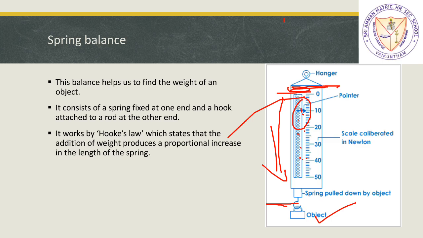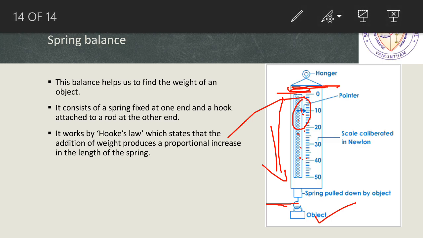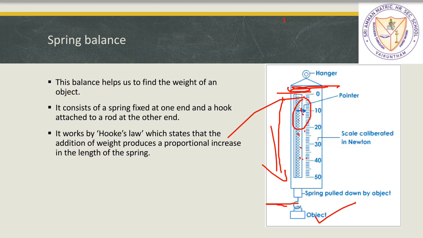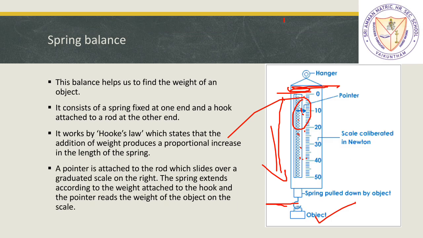If you keep a small weight, the extension will be small, the elongation of the spring will be small. If the weight of the object is more, the elongation will be more, and the pointer will come a larger distance downwards. That is how the spring balance works under the principle of Hooke's law.